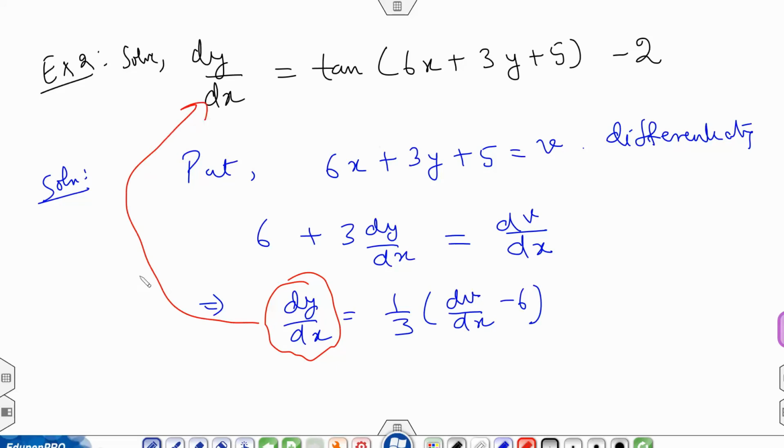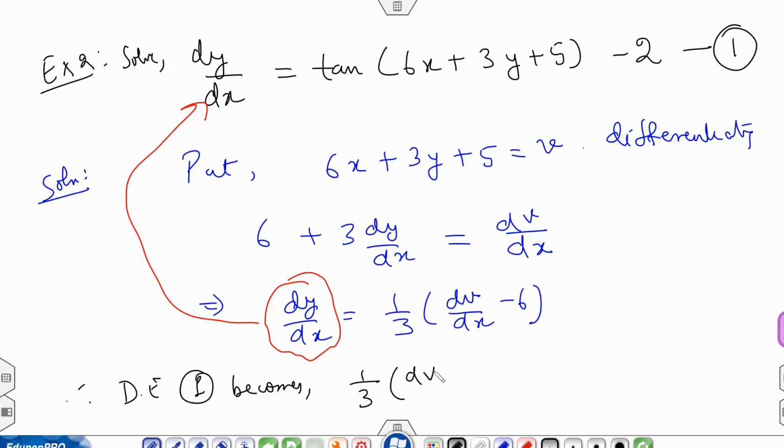Call our differential equation 1. So differential equation 1 becomes 1 by 3 times dv by dx minus 6 is equal to tan v minus 2.